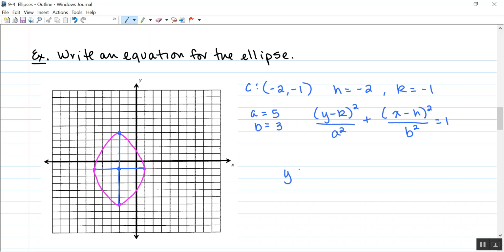So (y minus -1) squared over a squared, which is 25, plus (x minus -2) squared over b squared, 3 squared is 9, equals 1. And that's the equation for that ellipse.